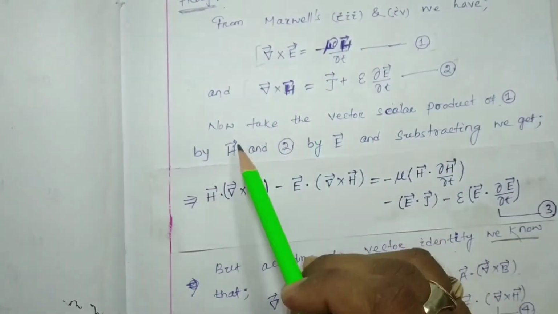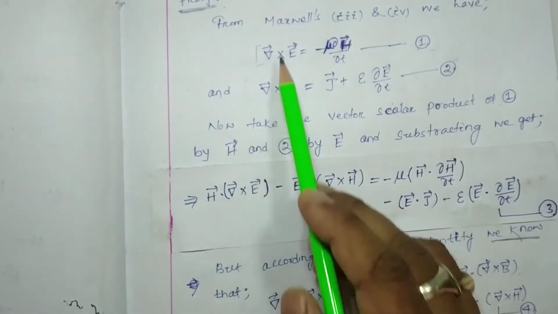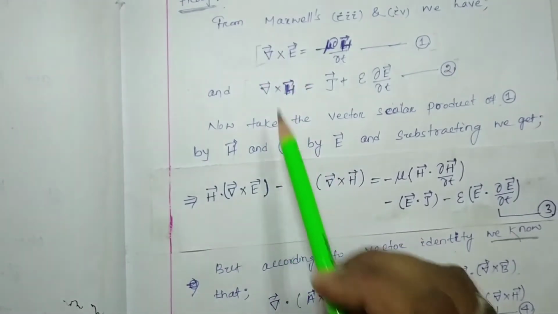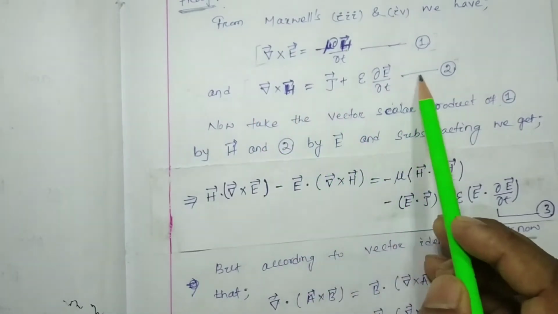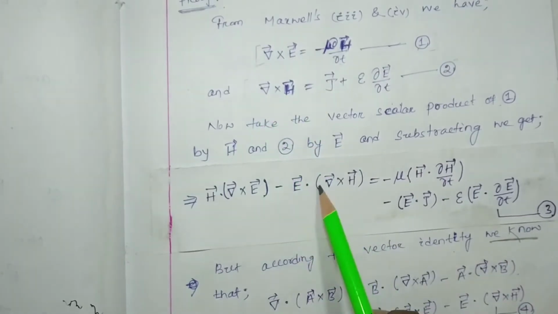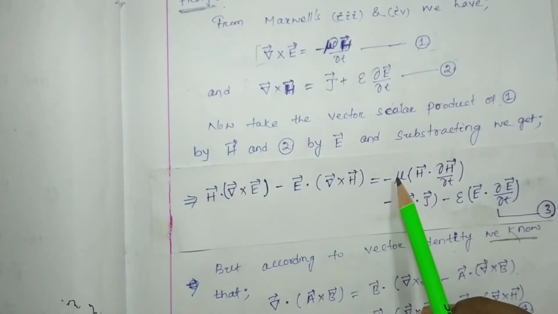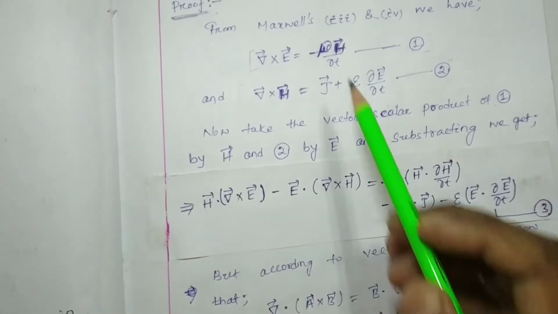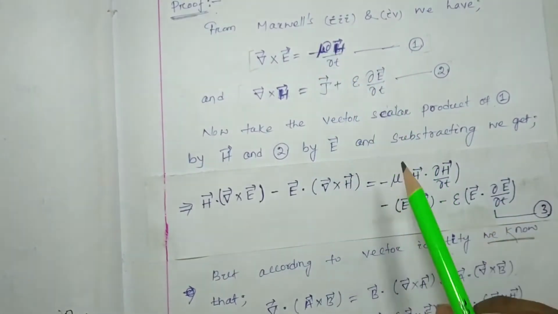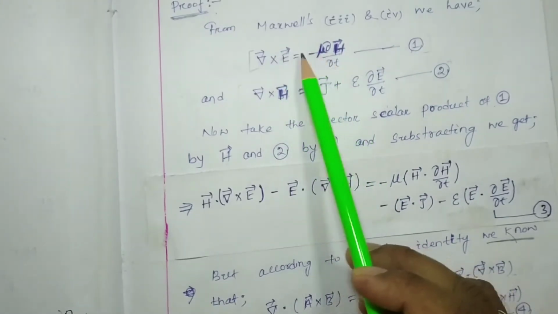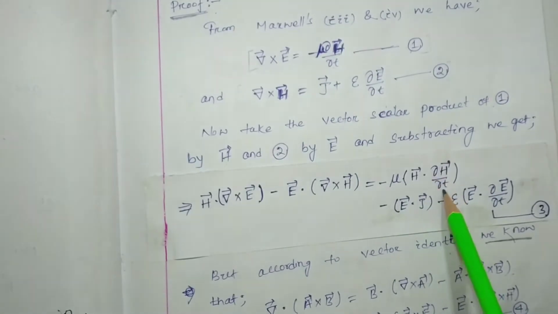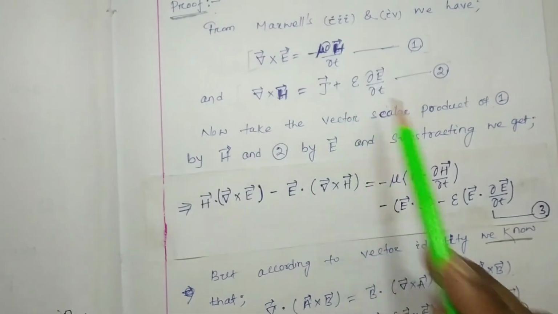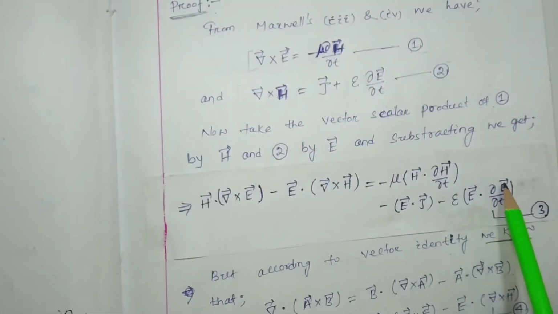On the left hand side, H dot del cross E minus E dot del cross H, because E is the scalar product with equation number 2, is equal to, on the right hand side, minus mu H dot del H by del t minus E dot J minus epsilon E dot del E by del t. Let this be equation number 3.